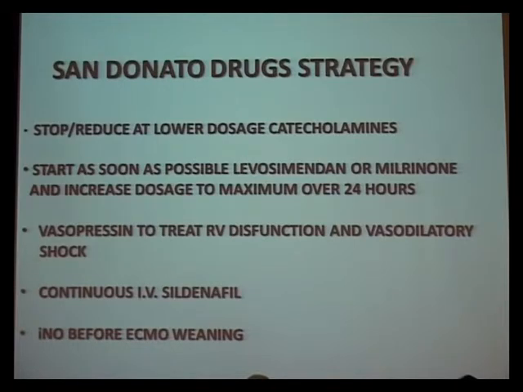To treat right ventricle dysfunction itself and vasodilatory shock, we use vasopressin as a vasoconstrictor because vasopressin doesn't affect negatively the pulmonary vascular resistance. Vasopressin, that is a vasoconstrictor, relaxes the pulmonary vascular smooth muscle, so there is a decrease in pulmonary vascular resistance.